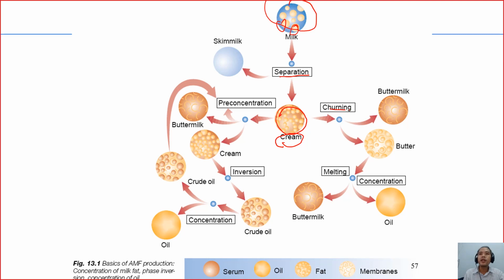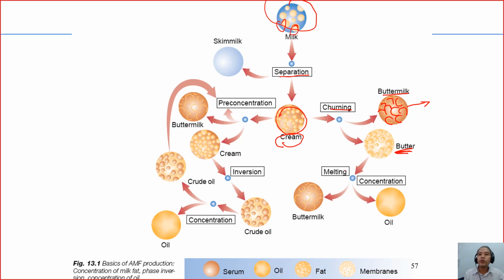When we do churning, we break the fat globules, we obtain butter, and the byproduct buttermilk. The buttermilk is the water phase from the cream, but it has broken pieces of fat globule membrane, MFGM. That's why it contains quite an amount of polar lipid, right?